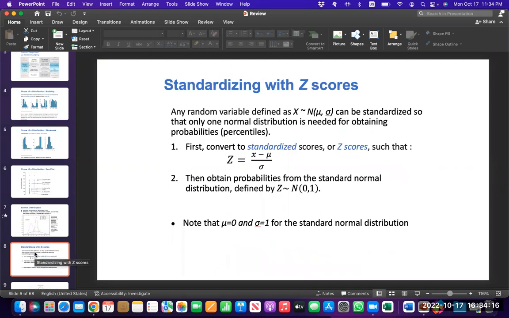You further have the standardization. The standardization is done with z scores. Z scores are essentially standardized scores where you standardize each individual point as the difference expressed in the number of standard deviations, which means you calculate the individual x minus your mean, and you divide it by sigma, which gives you the number of sigmas this individual point is distant from the mean.